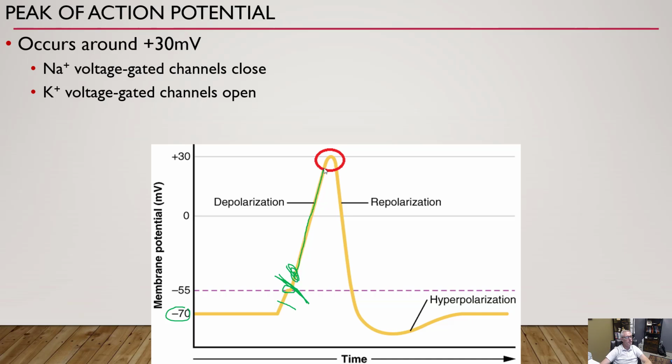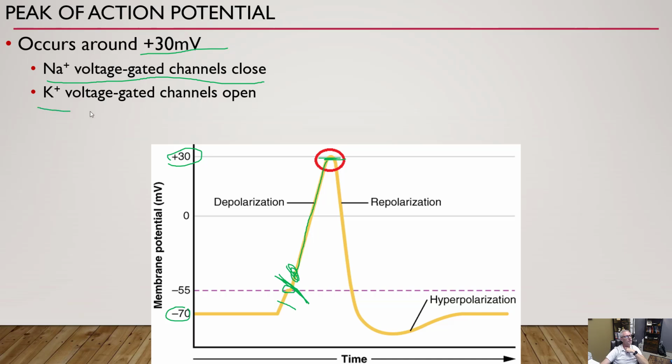Sodium has rushed into the cell. And now we've reached our peak at positive 30. So we're at the peak of our action potential, and like I said, it occurs around positive 30 millivolts. So we have to close off our sodium voltage-gated channels.